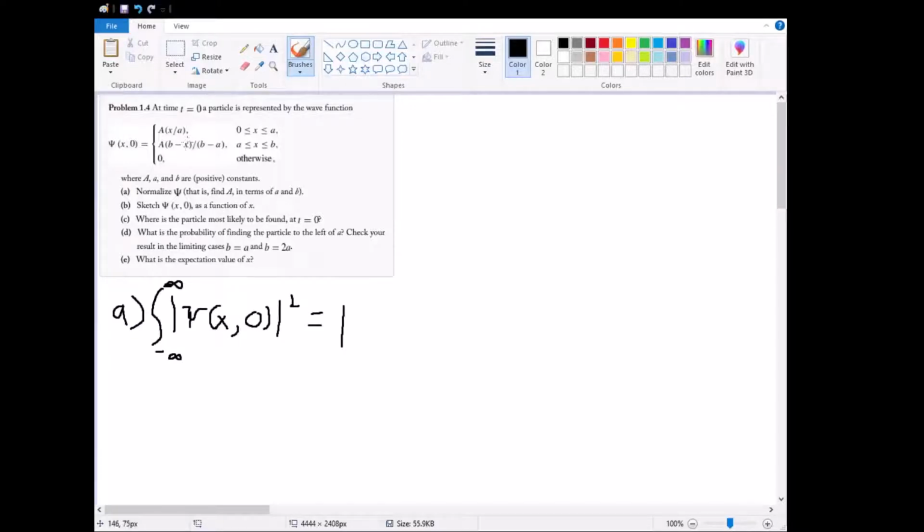Since this is a piecewise function, we have to split this into two different integrals. Actually, it might be easier to visualize this if we use two different colors.